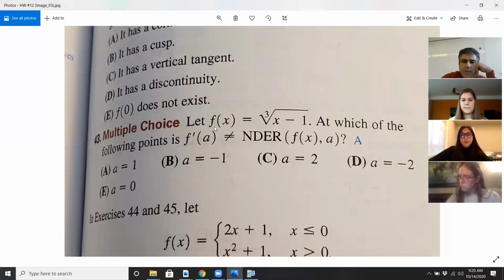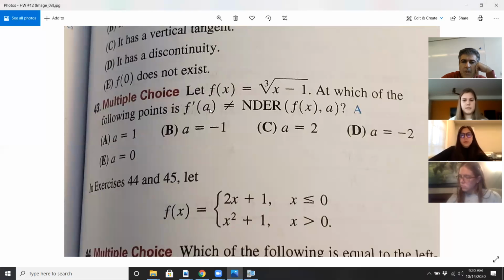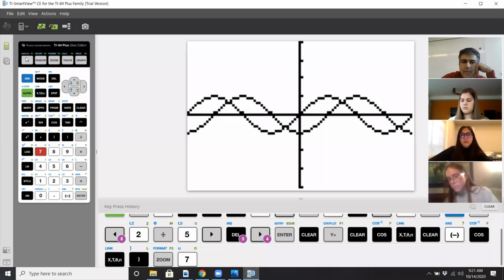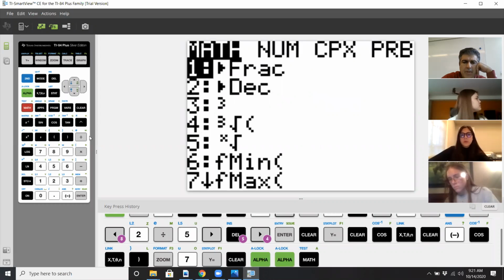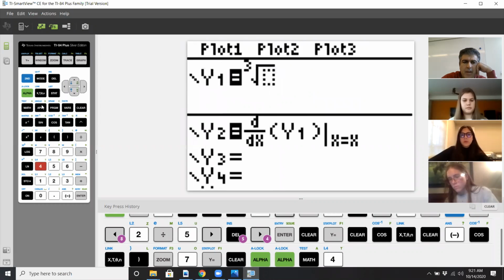For 43, what you probably would want to do is just use your calculator. In fact, I could go to my calculator here. Let's change that to the cube roots. So you could do math, then option 4, x minus 1.